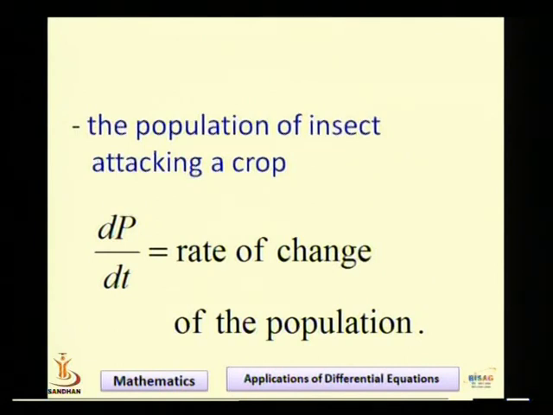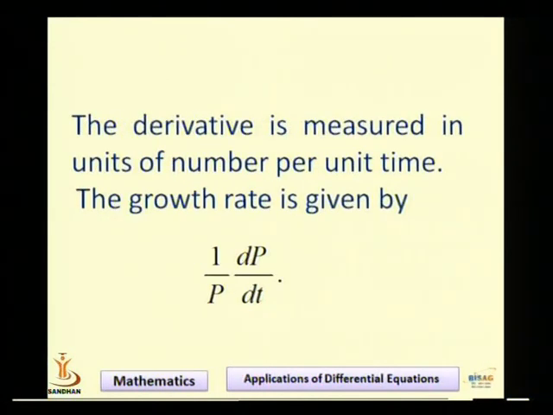In all these 3 situations, you can consider dP by dt as the rate of change of the population with respect to time. How the population changes with respect to time, that is what dP by dt represents.